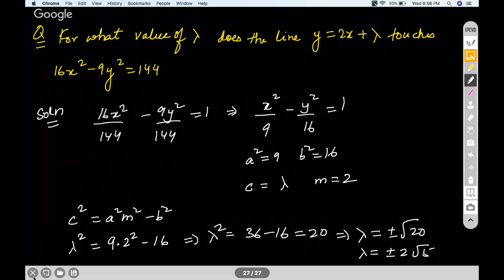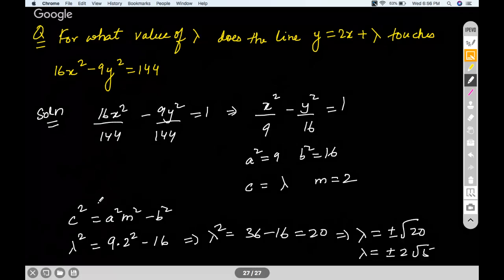Okay. So all right, guys. So we'll call it a day now. However, we have many more concepts left to be covered in case of a hyperbola. So we'll be talking about other forms of the equation of the tangents, like the point form, parametric form, etc. Then we'll talk about the equation of normal, again in point form and parametric form.